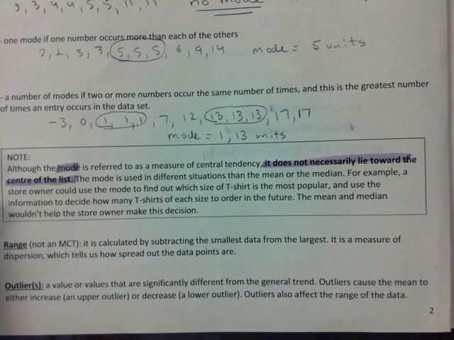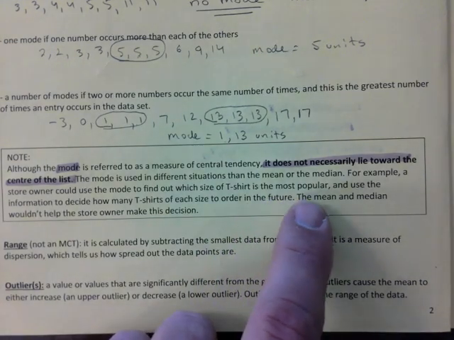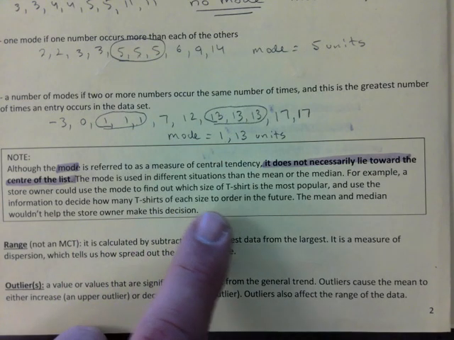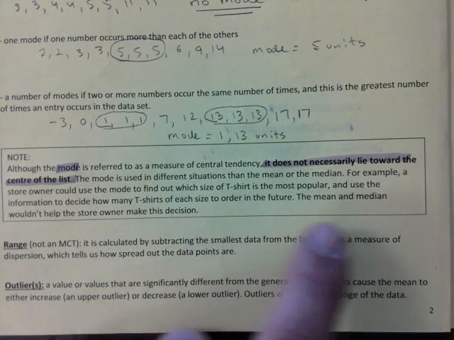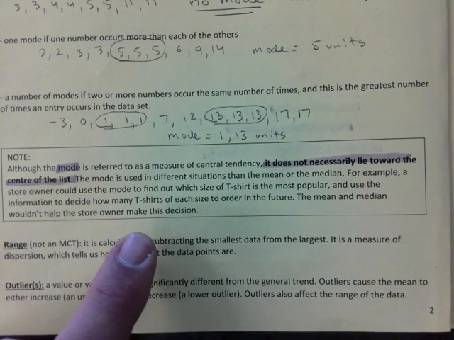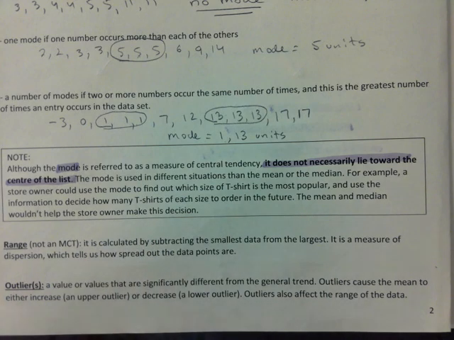For example, a store owner could use the mode to find out the size of t-shirts that is most popular and use this information to decide how many t-shirts of each size to order in the future. The mean and the median wouldn't help the store owner make this decision, right? What's the average t-shirt size? Oh, I'm going to just order large, all of them large, right? That wouldn't really help you a whole lot, right? You would base it a bit more on the mode, like which sizes do I sell more of in that case.